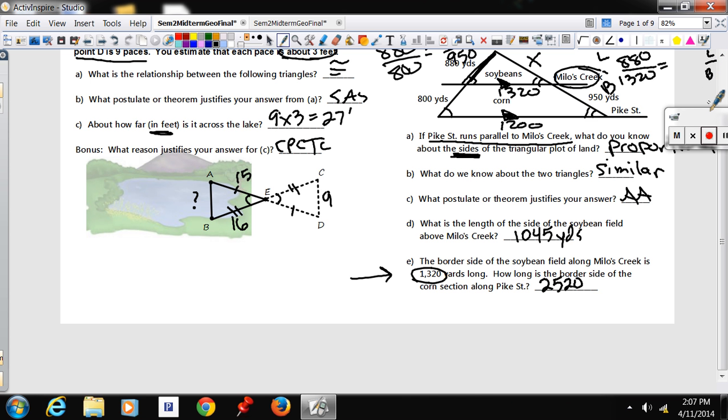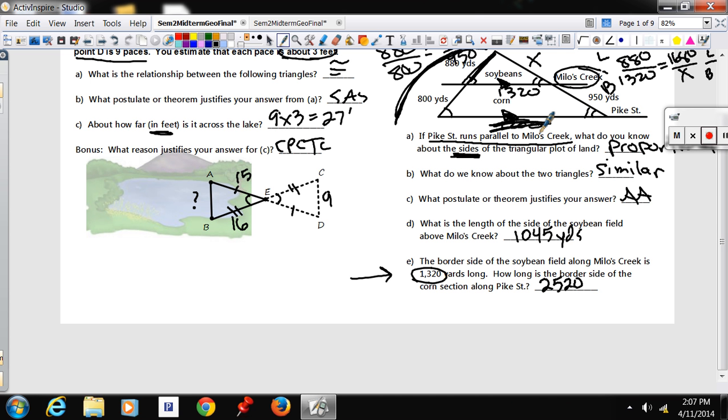What's the left side of my big triangle? It's 1680. And the bottom is my x. That's what I need. It's the left side over the bottom. That's not going to be 1,200. That'll be 2,520. Okay, so that question was the same on all four tests.